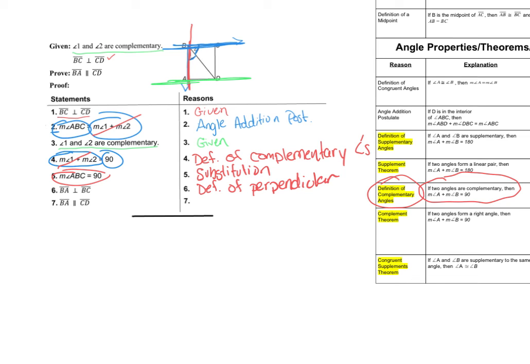Then because they're perpendicular to two lines, that means they have to be parallel. So using the converse of the perpendicular transversal theorem, the lines have to be parallel. And now we are done.